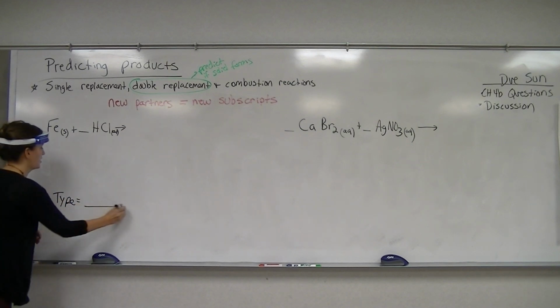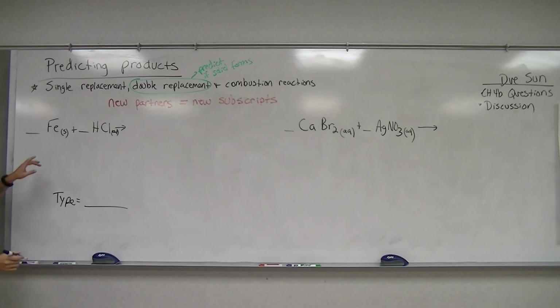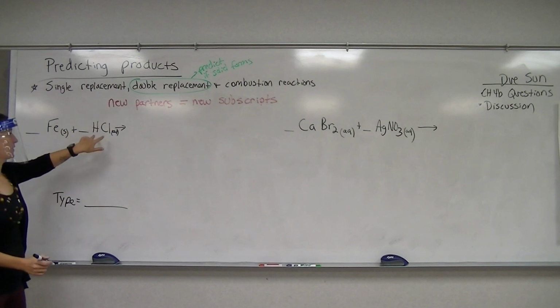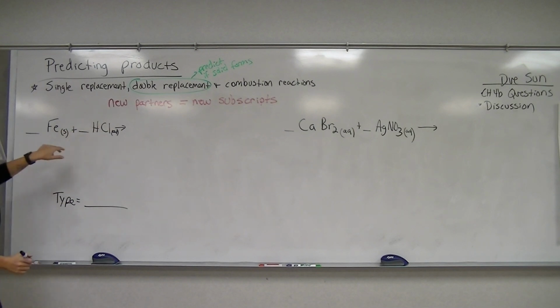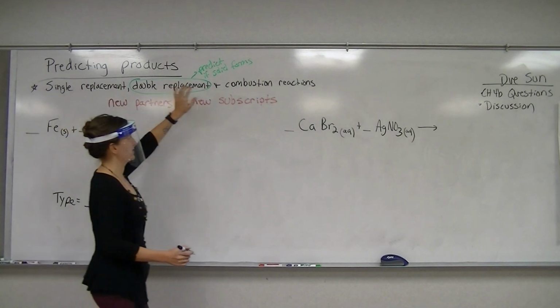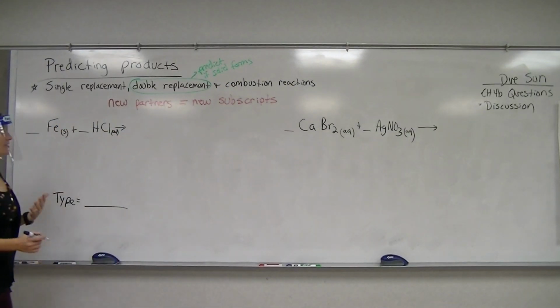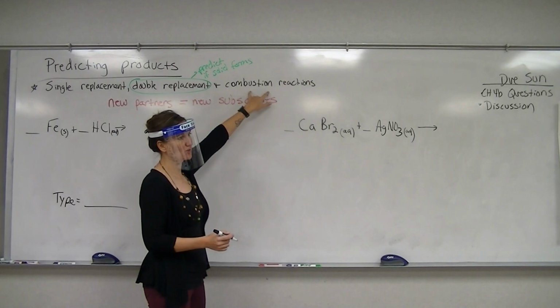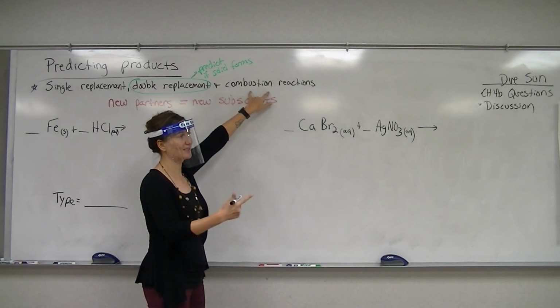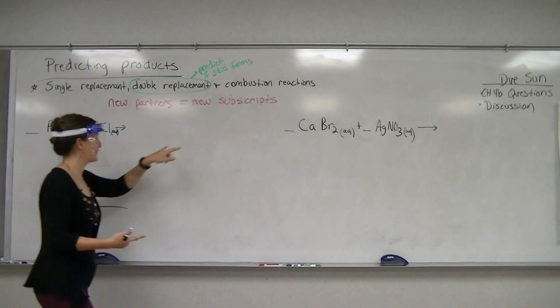products. So looking at this first example, we have an element by itself reacting with a compound. Since these are our only choices, these three, that will help us narrow it down. Combustion reactions are always a hydrocarbon reacting with oxygen, so it's definitely not a combustion.